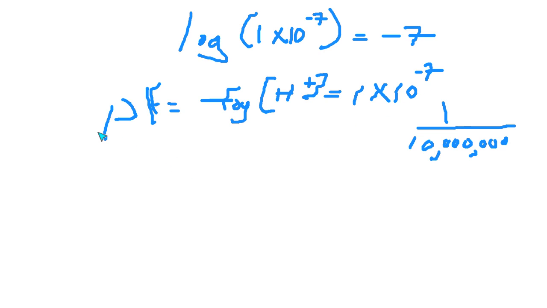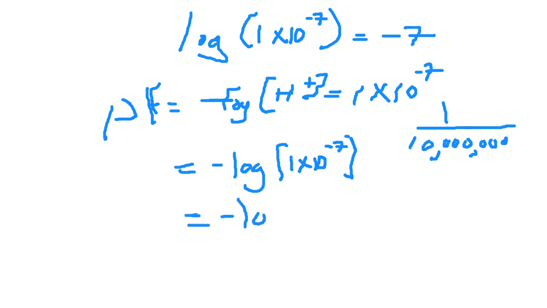Technically, the pH of water is minus the log of 1 times 10 to the minus 7. That's the same thing as minus minus 7, or a pH of 7, right?